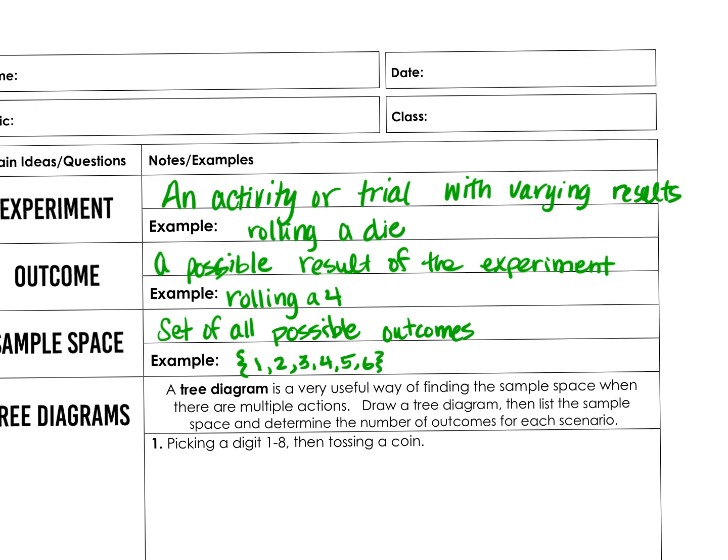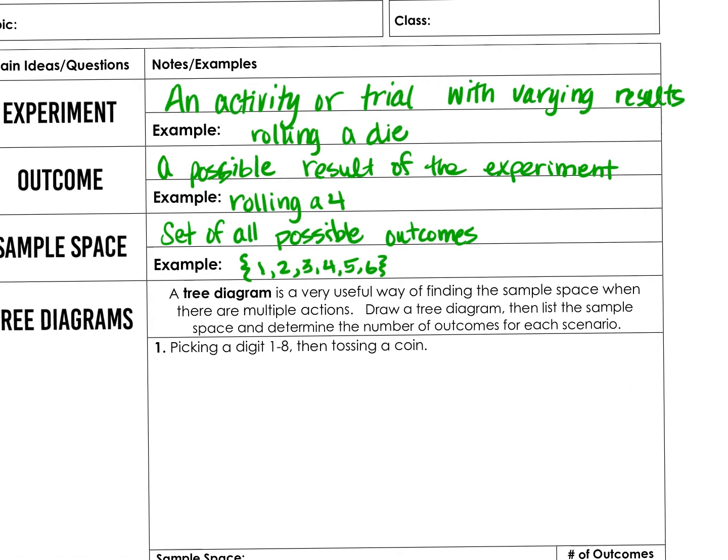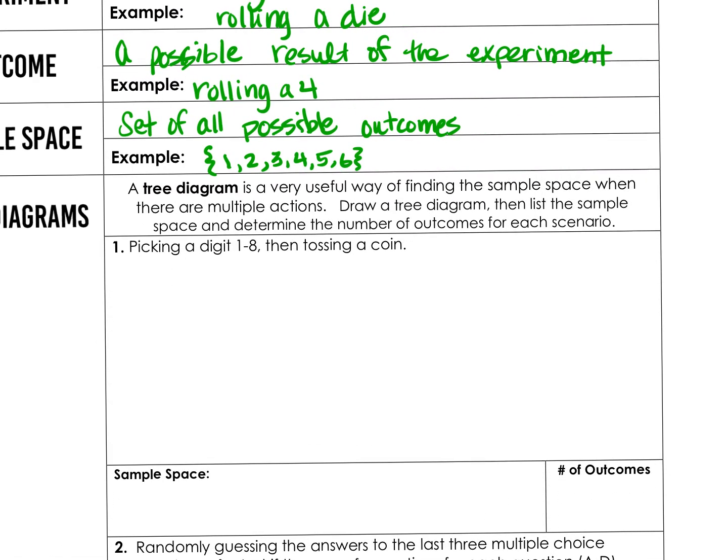So if we have multiple actions, it can be a little bit more difficult to keep track of things, so we use something called a tree diagram. And the tree diagram, well, let's just do one. So if we pick a digit 1 through 8 and then toss a coin, I am going to have, from my original start, 8 possibilities.